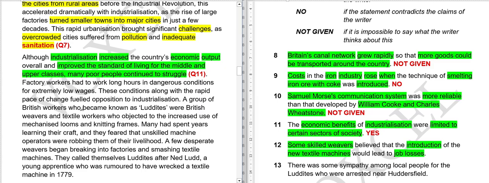A group of British workers who became known as Luddites were British weavers and textile workers who objected to the increased use of mechanized looms and knitting frames. Many had spent years learning their craft, and they feared that unskilled machine operators were robbing them of their livelihood. So livelihood just means jobs.